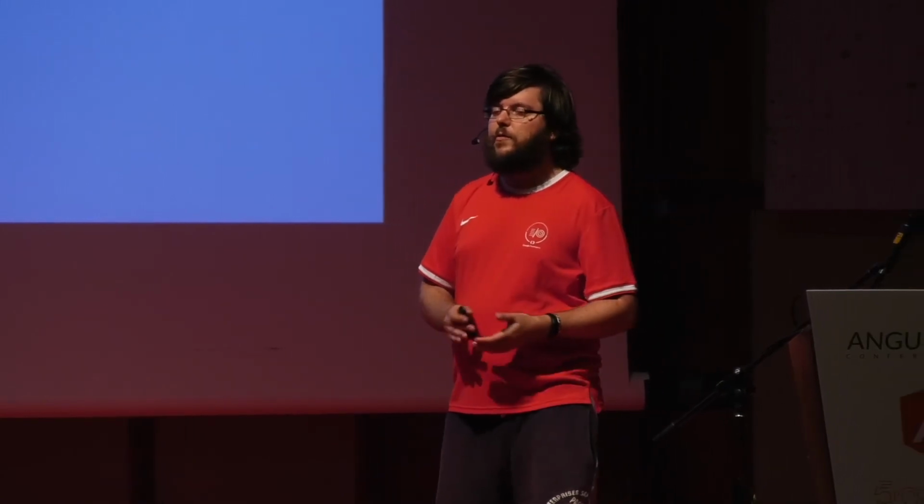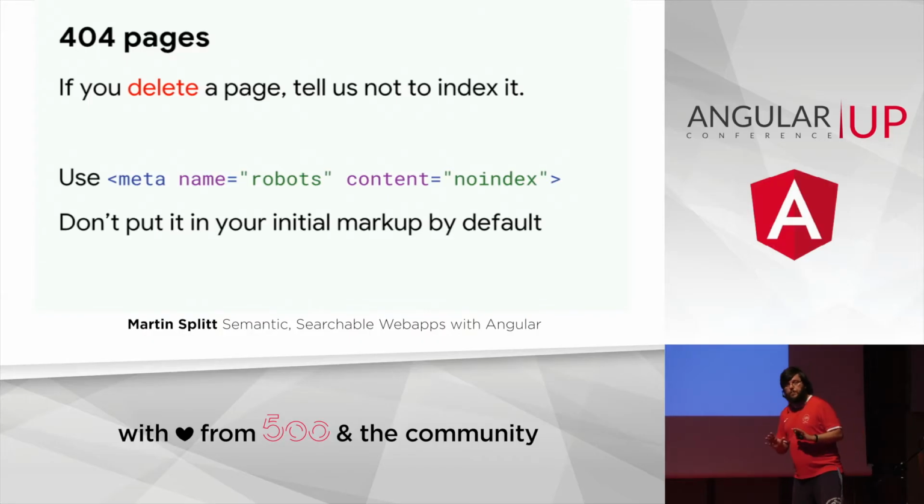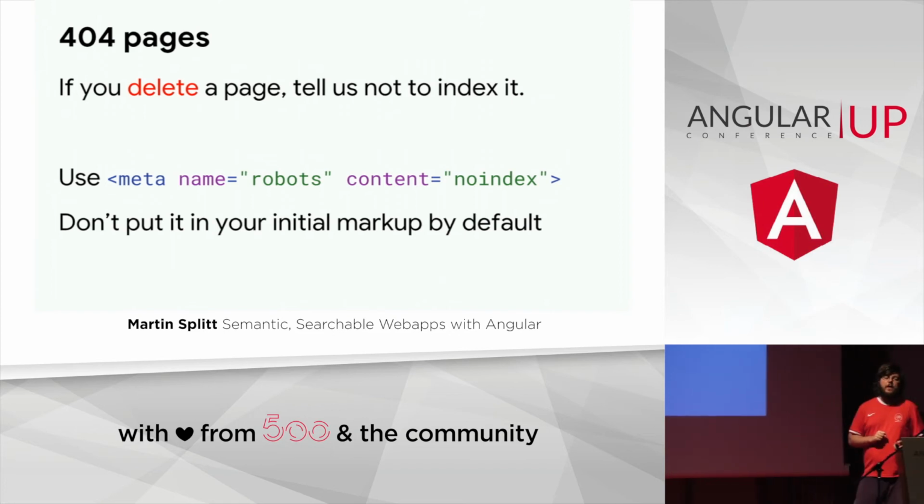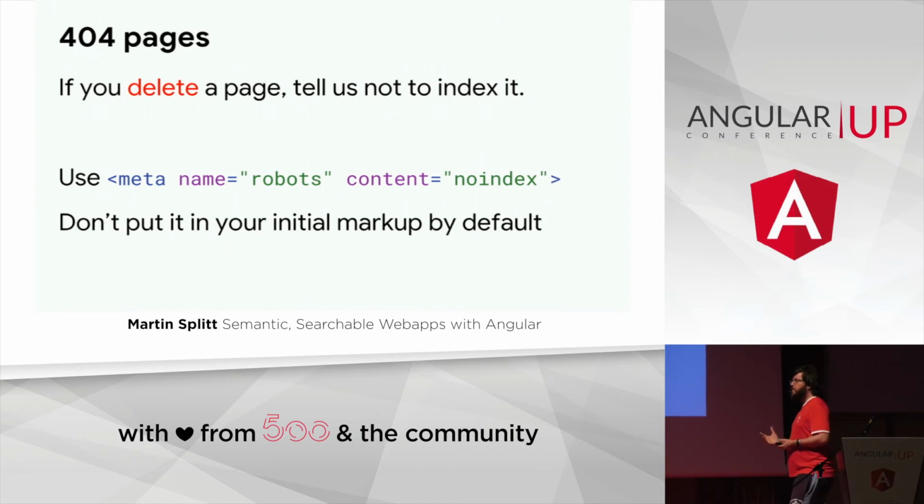You could hypothetically also use meta redirects, but the other thing is if you delete a page, if you really, really remove some content for whatever reason, maybe user-generated content was removed, someone does not want their dog to be rated anymore, then please tell us not to index it anymore.